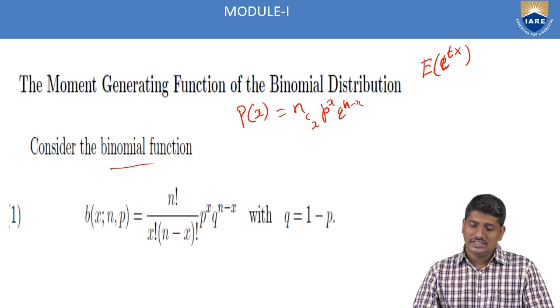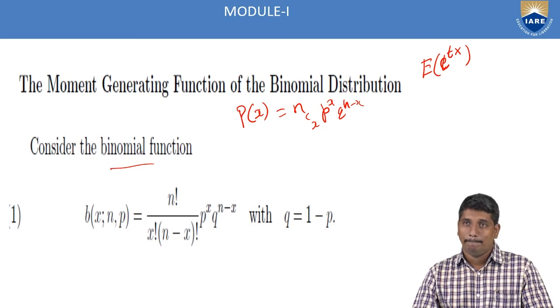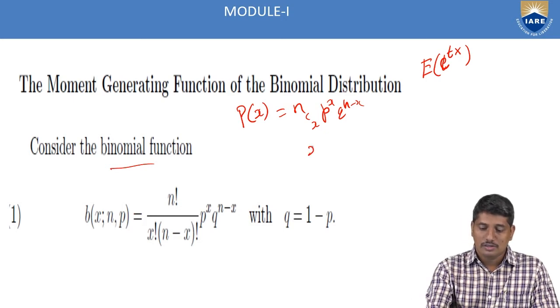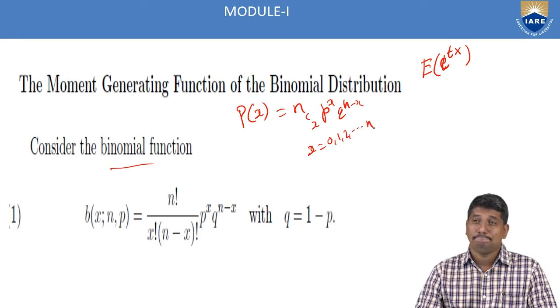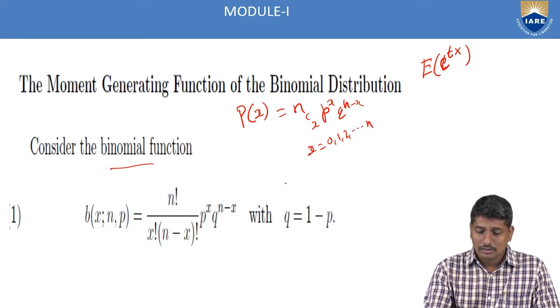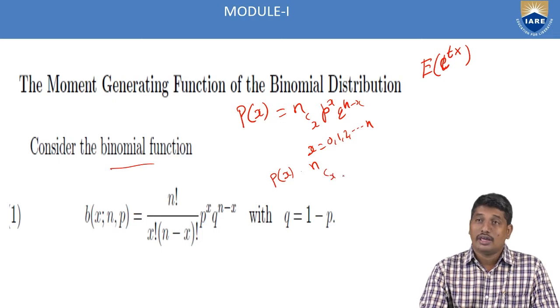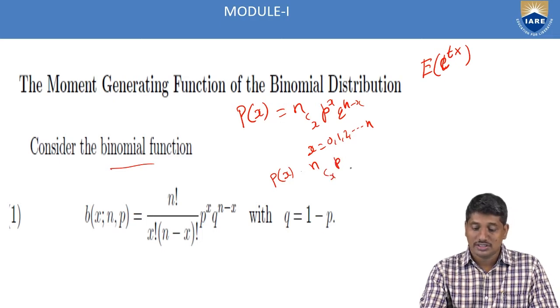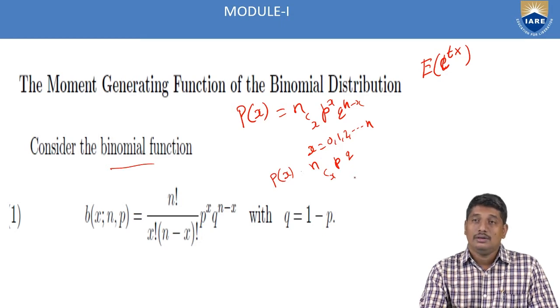P of x is nCx small p power x q power n minus x, where x is equal to 0, 1, 2, and so on, which is nothing but the probability of winning x times out of n trials, where p represents your success rate and q represents your failure rate based on your previous performances.